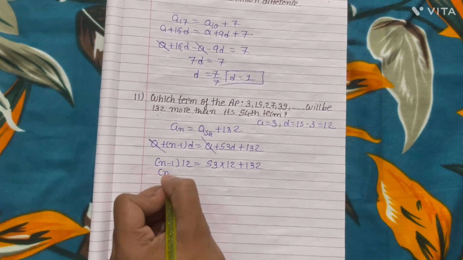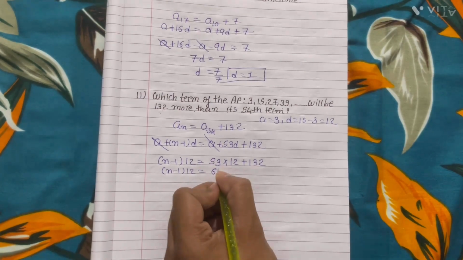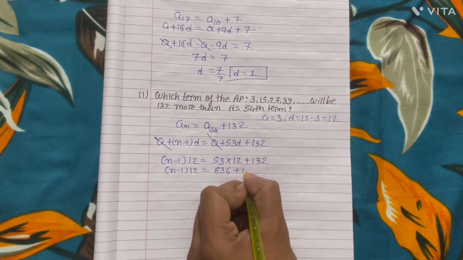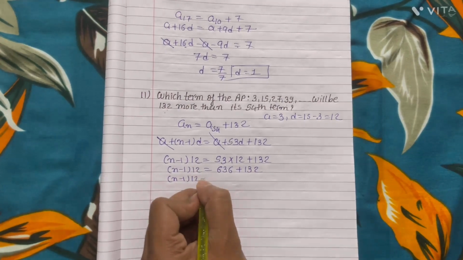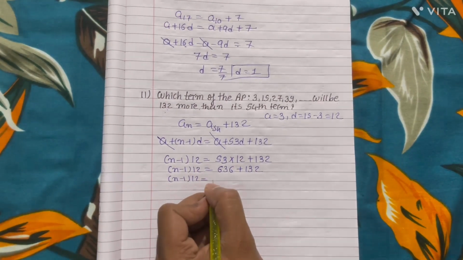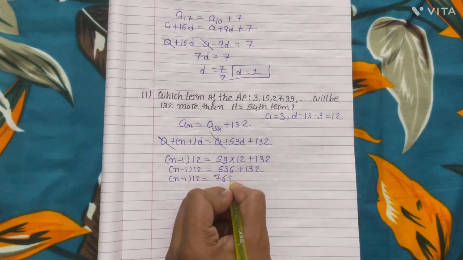तो n माइनस 1 इंटू 12 रहेगा वैसे का वैसा. 53 इंटू 12 मीन्स 636 प्लस 132. तो n minus 1 into 12 is equal to 636 plus 132 means 768.